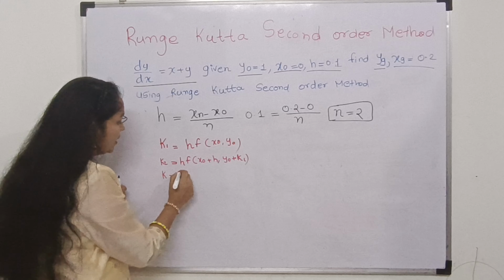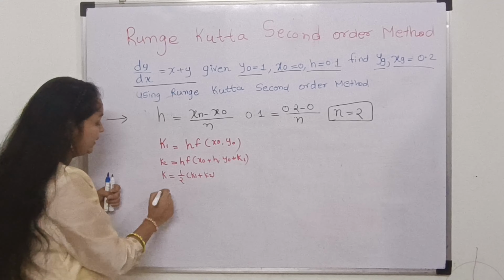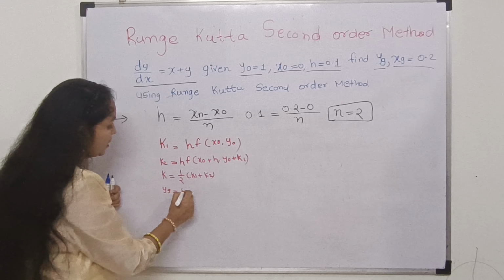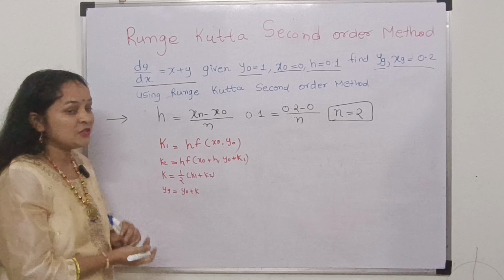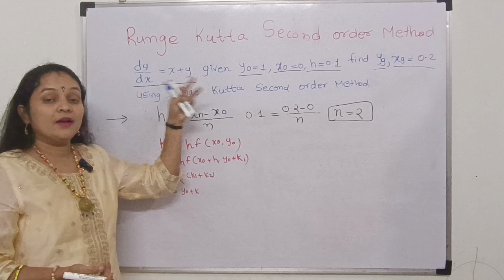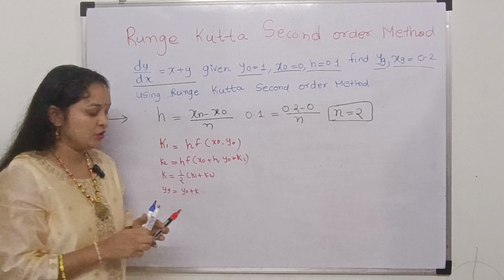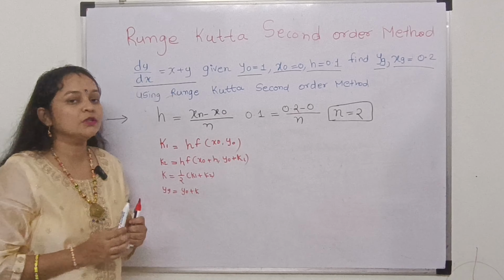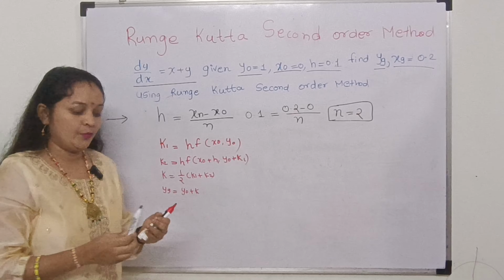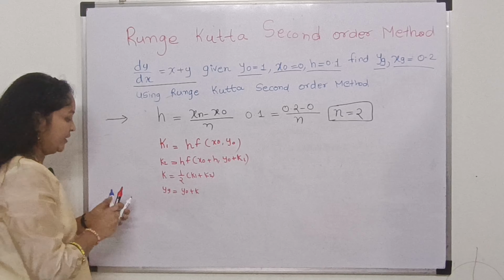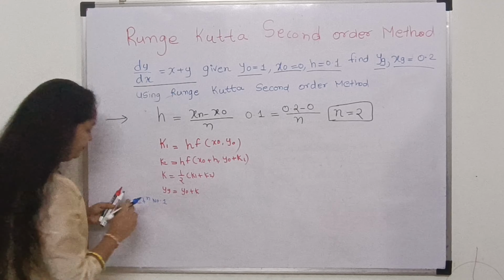And K becomes 1 by 2 into K1 plus K2, and Yj becomes Y0 plus K. So this is the simple solution of this particular Runge-Kutta second order method, right? So let us start the calculations, because they are asking for two iterations only, accordingly this type of formula. So you can go for two iterations, starting with iteration number 1.